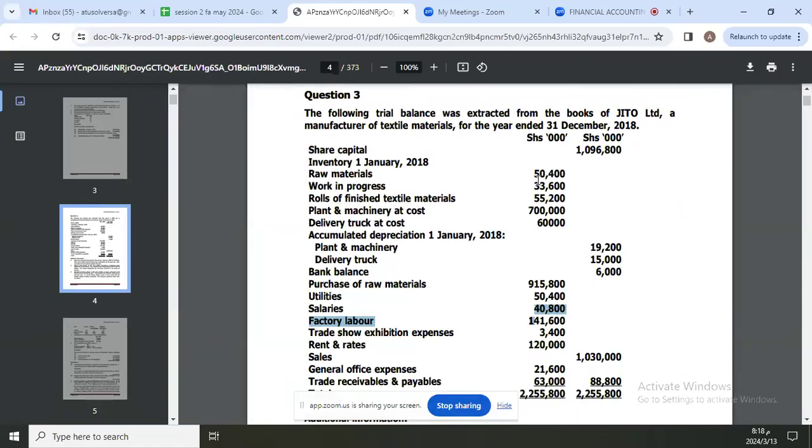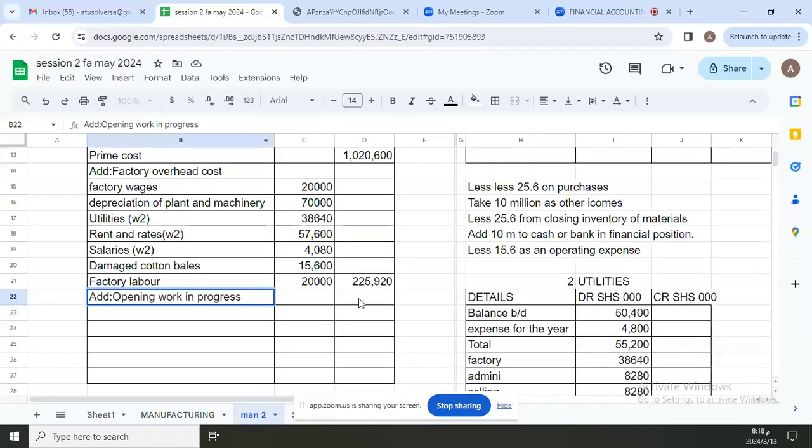Opening work in progress is at 3,600. So we go on here to write 33,600. Still, we go on to less our closing work in progress.